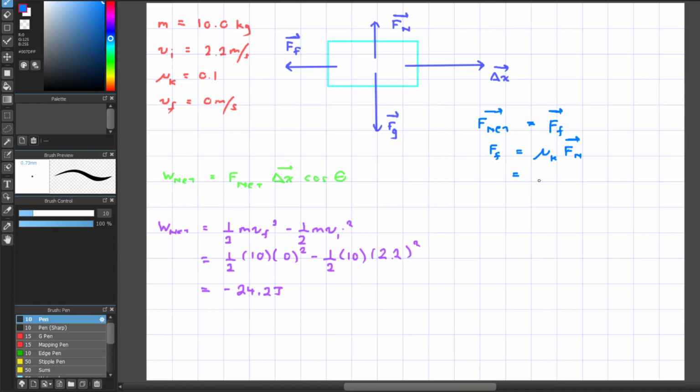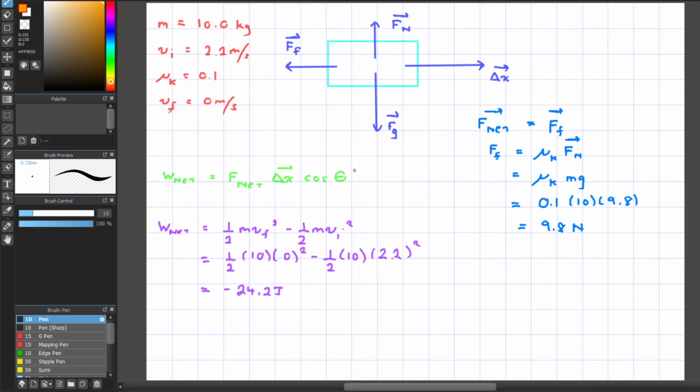In our problem, the normal force is equal and opposite to the force of gravity, mg. We have all the values, so let's plug those in. We multiply 0.1 times 10 kilograms times 9.8, which gives us a force of friction, and also the net force, of 9.8 newtons.